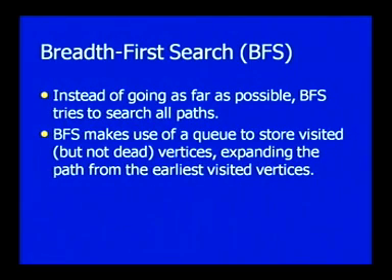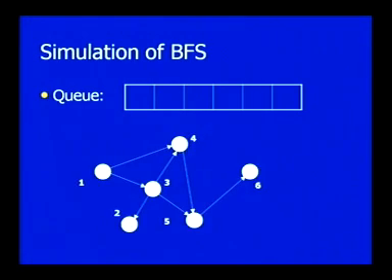You can just compare this queue with the queue of a shop or whatever it is. The fellow who stands in the front of the queue is going to get the first attention. So, we can simulate this particular thing. Assume that we have a graph like this. So, we are starting with a queue.